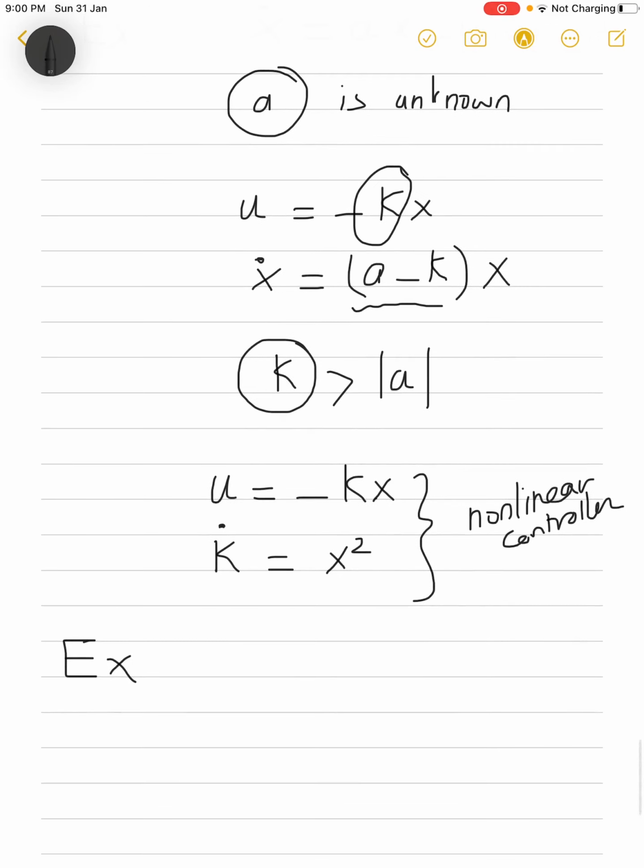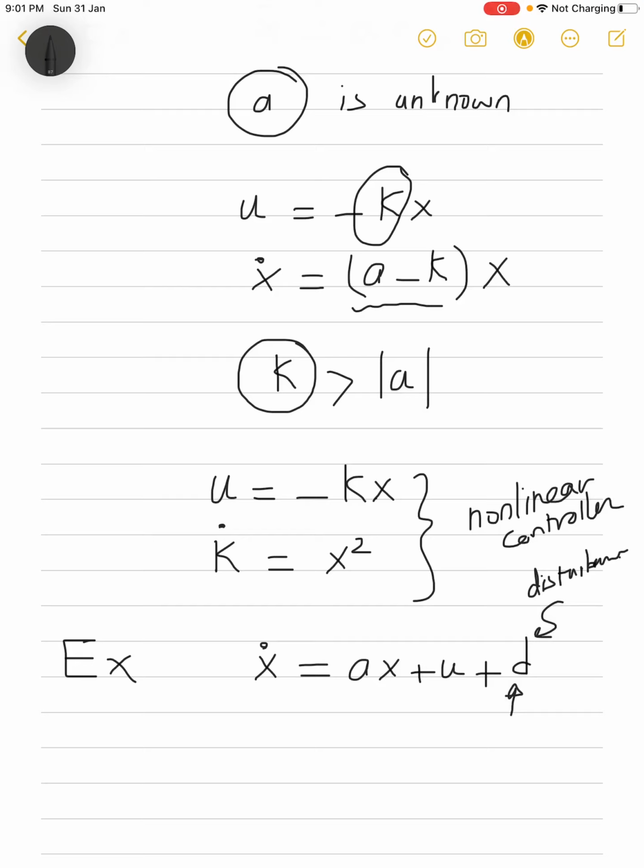Another example that illustrates the benefits of adaptive control is a case when we have disturbance. So if we have again a scalar system, x dot equals ax plus u, and I'm going to add here a term that represents disturbance.